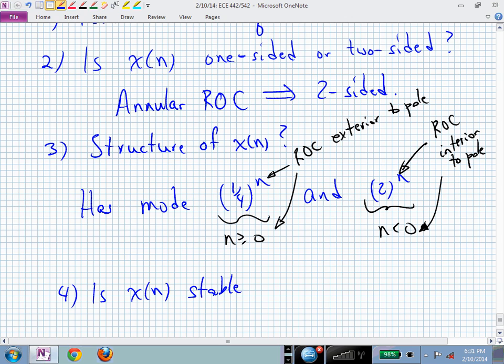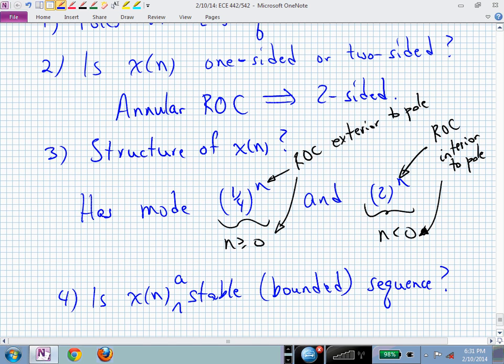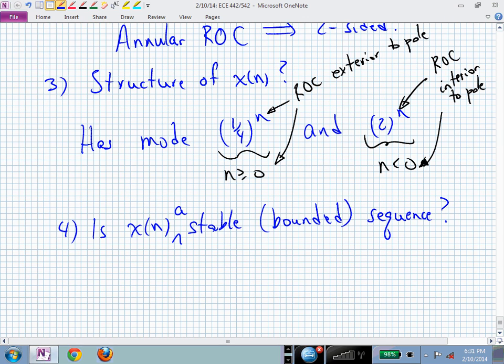Is x of n stable? Let's say, is x of n a stable or bounded sequence? There are a couple of ways you can think your way through that question. What's one way? You could ask, where's the unit circle relative to the region of convergence?